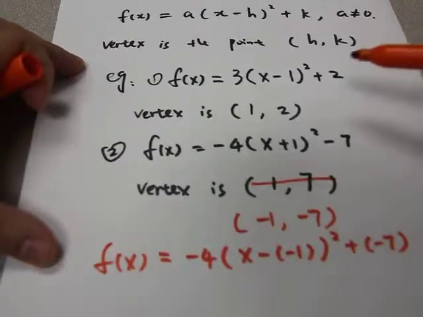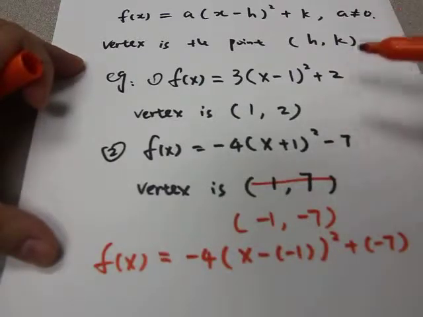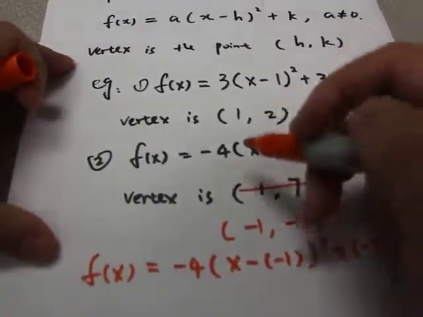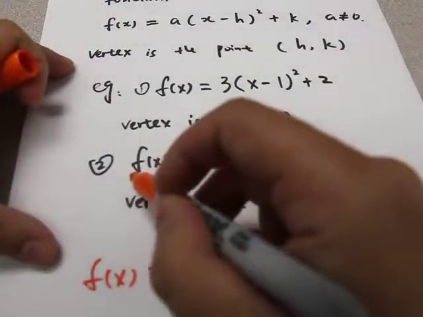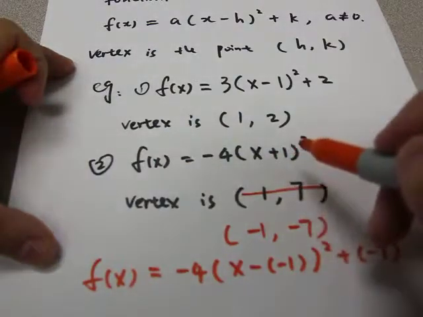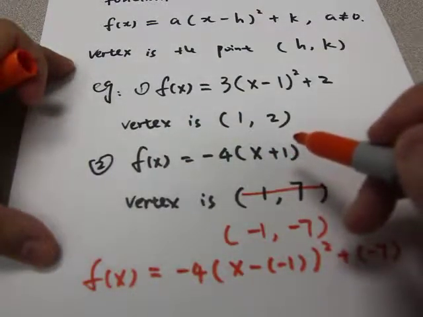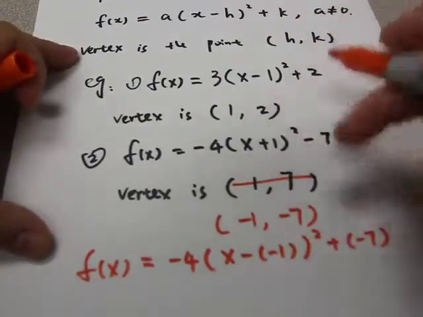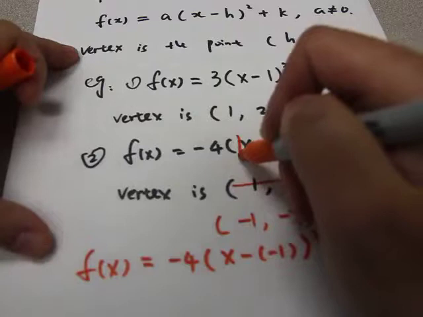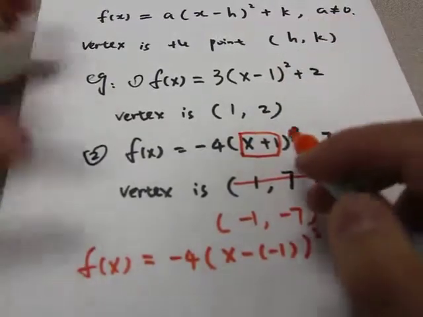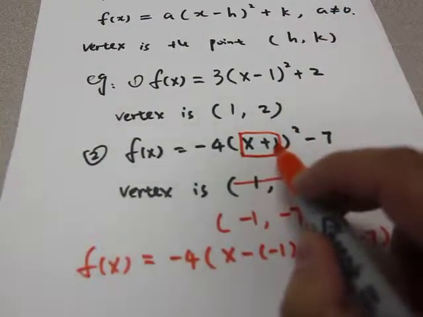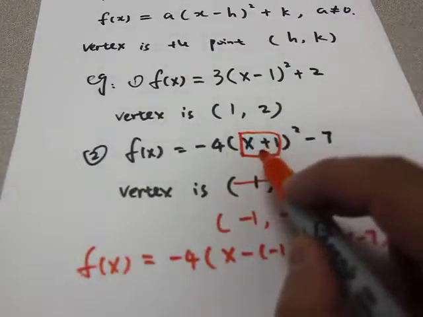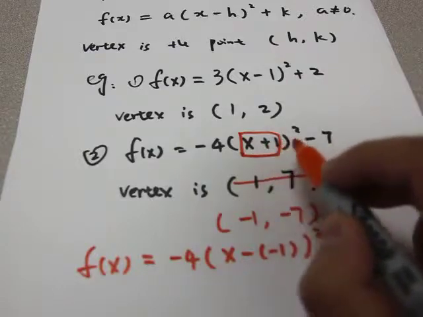Now the way I teach my students to remember this is, when the equation you are given is in the standard form and you are looking for the vertex, you take a look at what we have in the parentheses, and think about what is the solution of this expression when it equals 0.